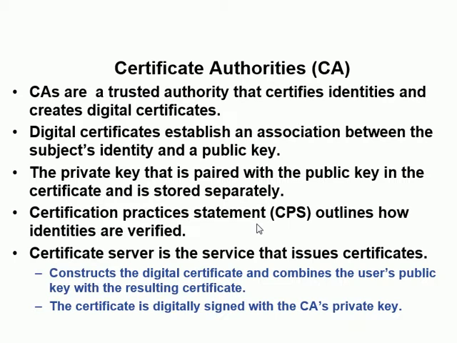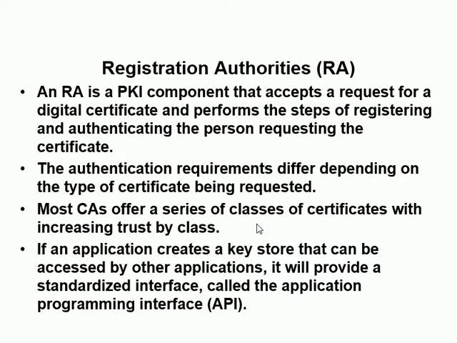So all this stuff here on this slide basically supports how these certificate authorities issue these. So you have registration authorities. An RA is a PKI component that accepts a request for a digital certificate and performs the steps of registering and authenticating the person requesting the certificate. So anyone can request these certificates.